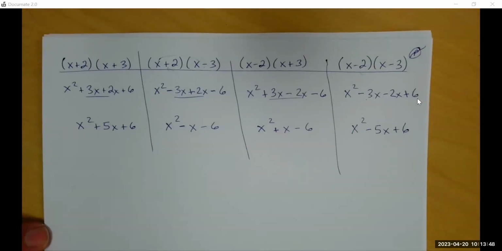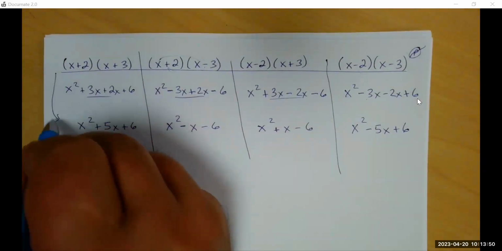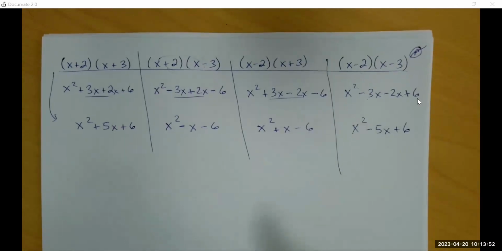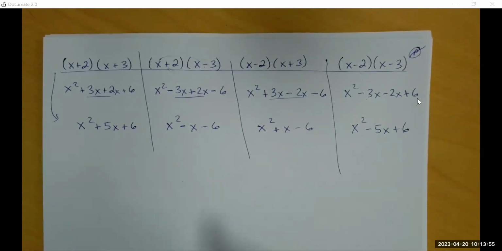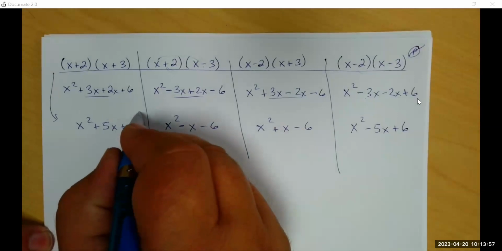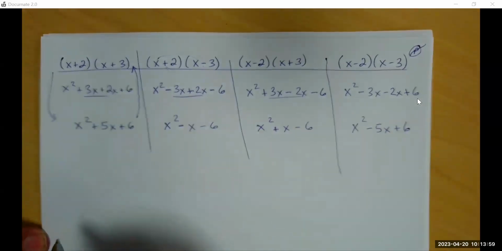So far, so good? That method is called distributing. We're going backwards now. Going this way is called factoring.